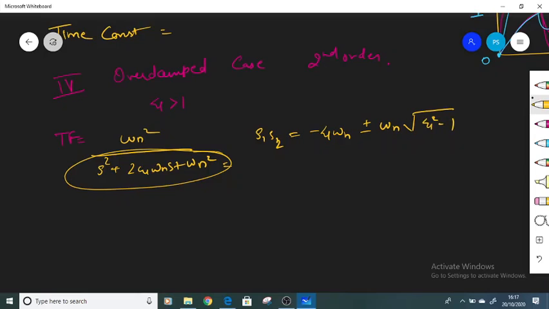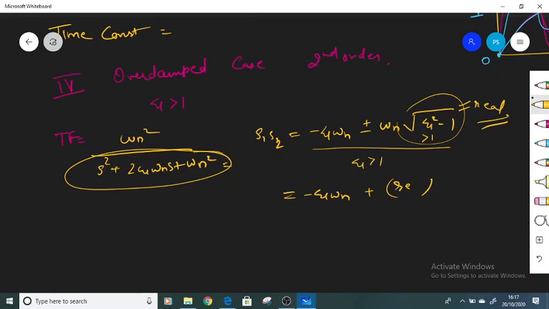Here the value of zeta is greater than 1. Hence you can see that this part under the root is also going to be real. It's not going to be an imaginary number as we were getting in the case of the underdamped system. So from here you can see that it is minus zeta omega n plus some real part, or minus again some real part.